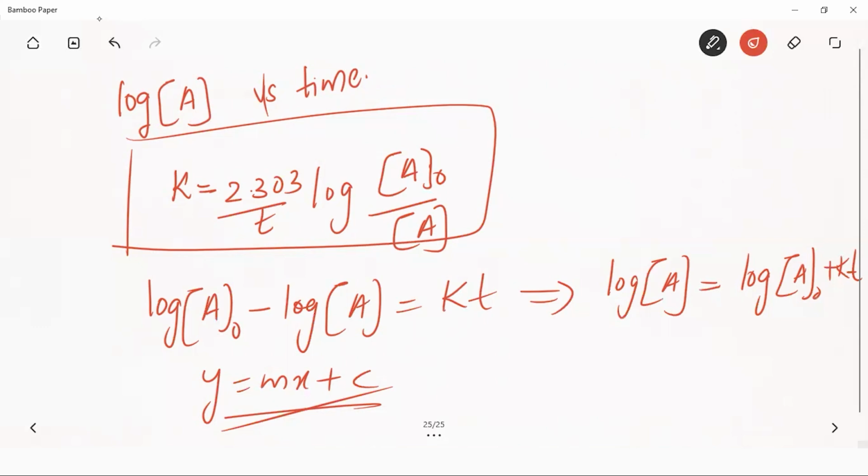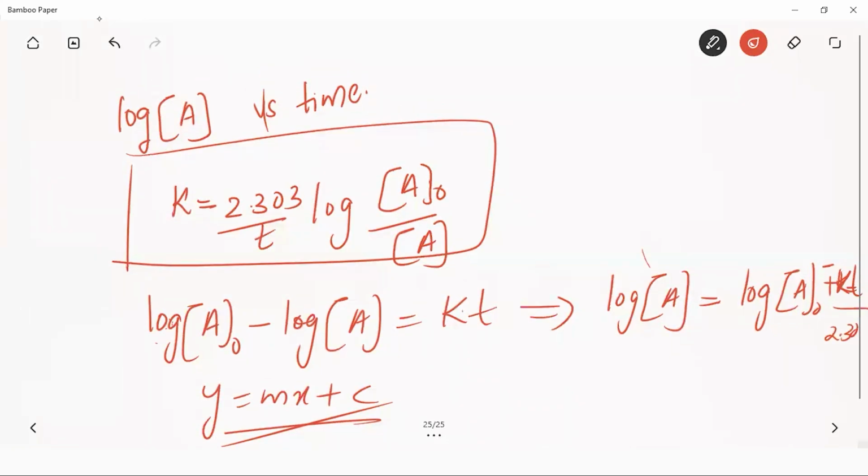You are taking this to this side, so it will become positive, and Kt you are taking to this side, so it will become negative. So you have to consider the negatives, because the slope is negative. And one more thing you have to remember: you have to divide by 2.303, because this was initially a natural logarithm, and you have to convert it into a logarithm to the base 10.